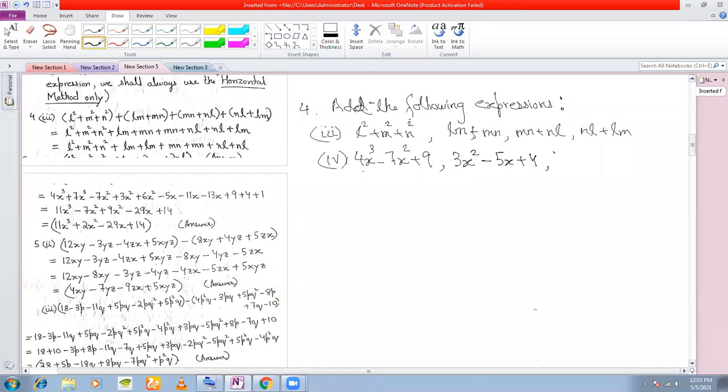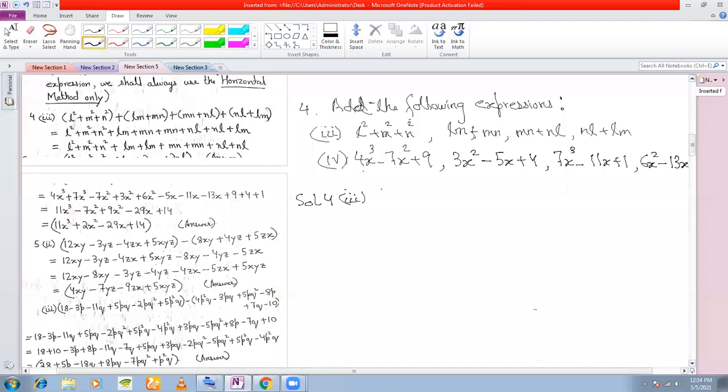We have 7x cube minus 11x plus 1. And finally, you have 6x square minus 13x. Okay, so let us now see how I have done it.